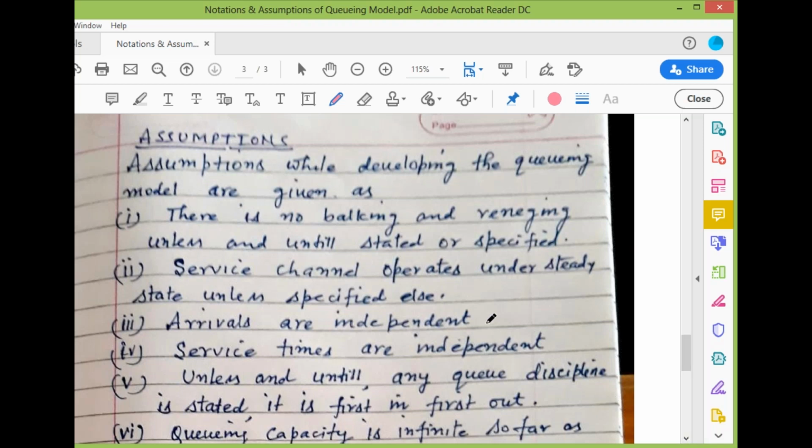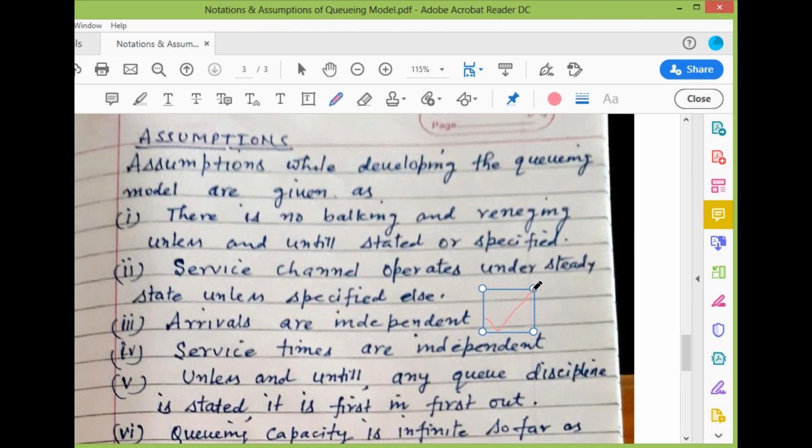And this third assumption is very important. Arrivals are independent, always. Arrivals as well as the inter-arrival times are independent. This means the arrival of one customer does not depend on the arrival of another customer. If this does not hold, then we cannot apply the assumptions of the exponential distribution and the Poisson distribution.